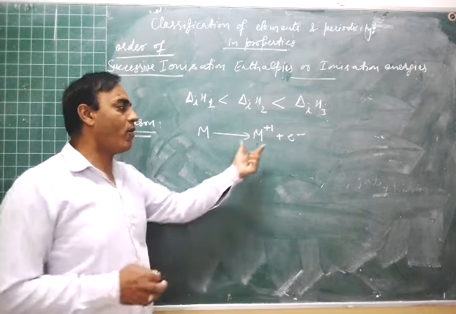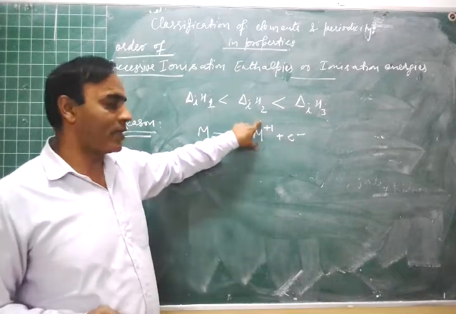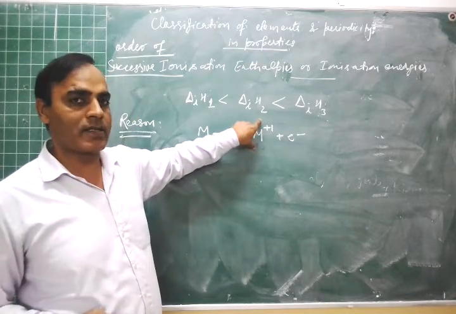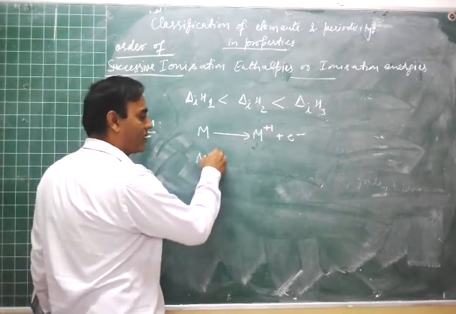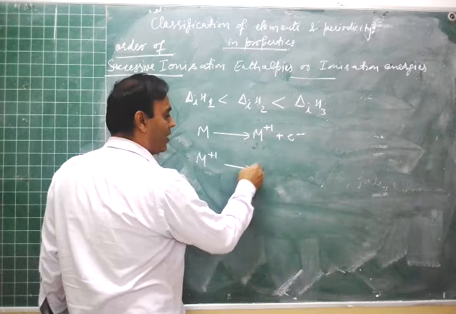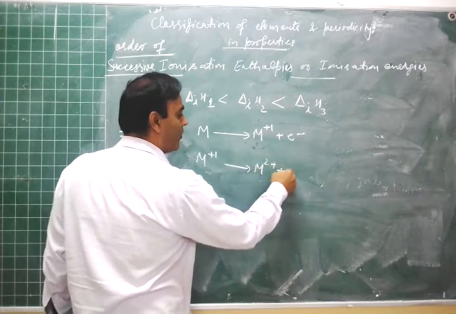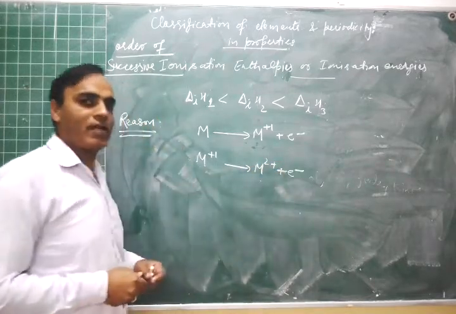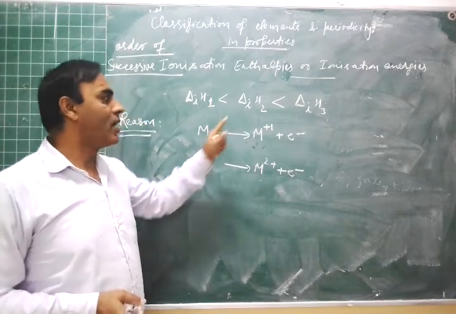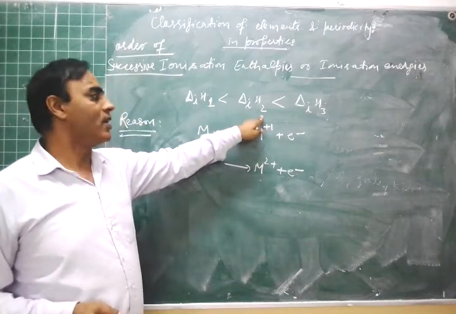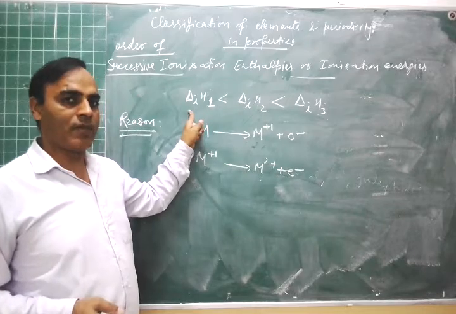So the hold on the remaining electrons in this cation increases. It is difficult to remove the second electron from this, and a greater amount of energy is required. That is, second ionization enthalpy is greater than first ionization enthalpy.